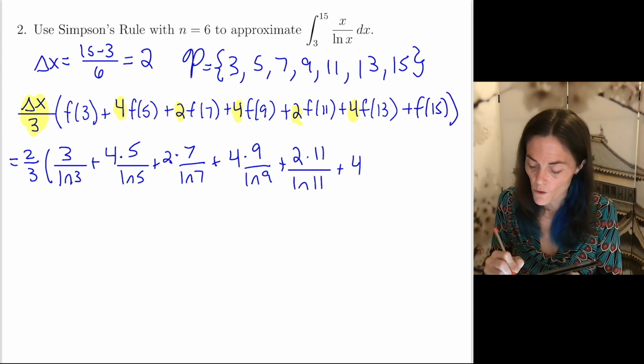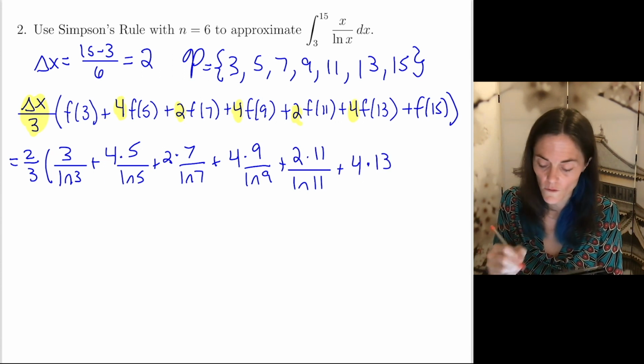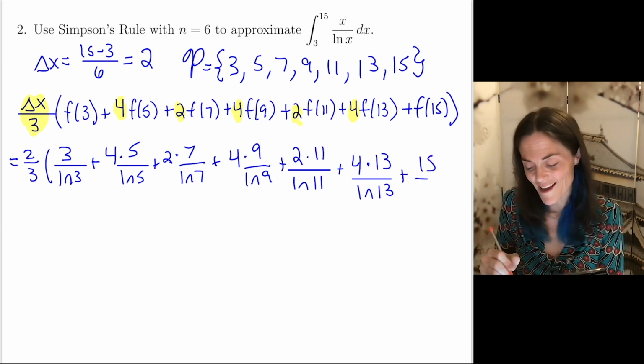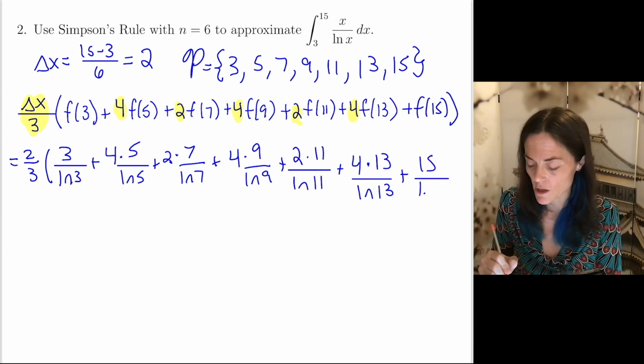And then we have 4 times 13 over ln 13. And finally, just 1 times 15 over natural log 15.